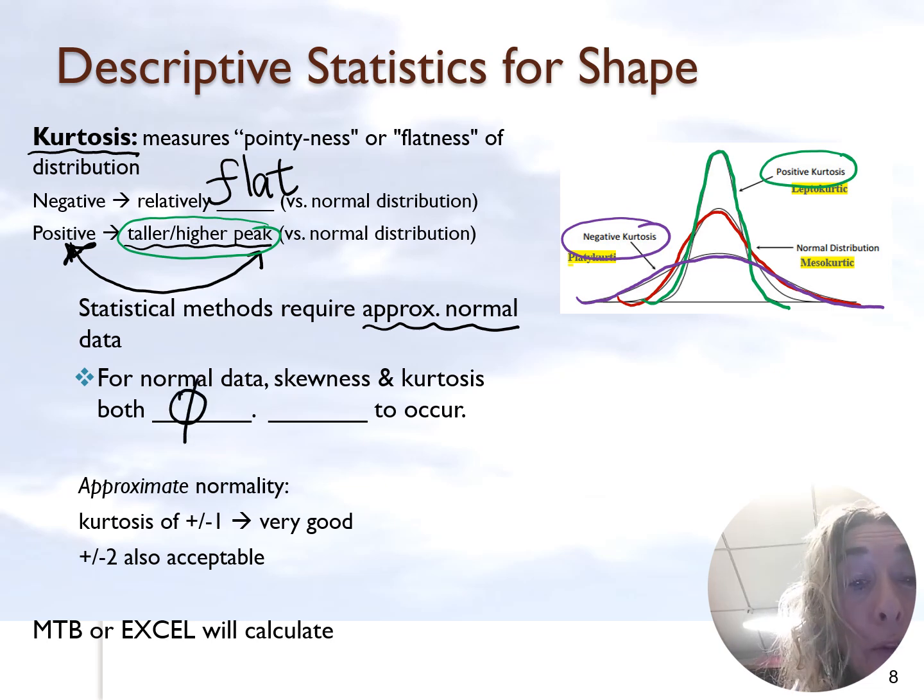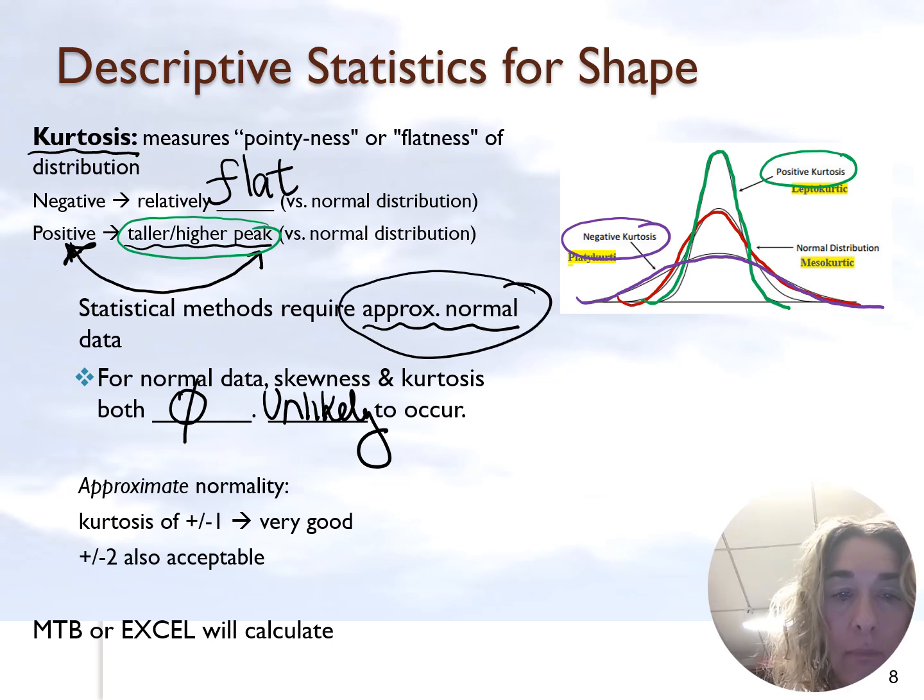With real-world data, that is actually unlikely to occur. However, we can go with approximate normality.